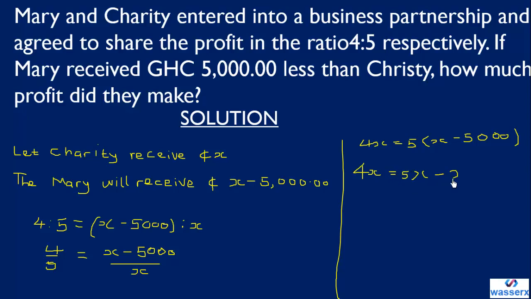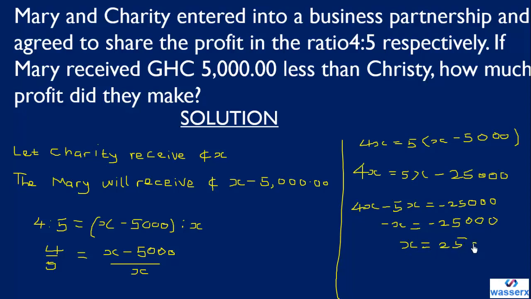So this will give us 4x equals 5x minus 25,000. So we group like terms. 4x minus 5x is equal to negative 25,000. So we have negative x equals negative 25,000. Hence x is equal to 25,000.